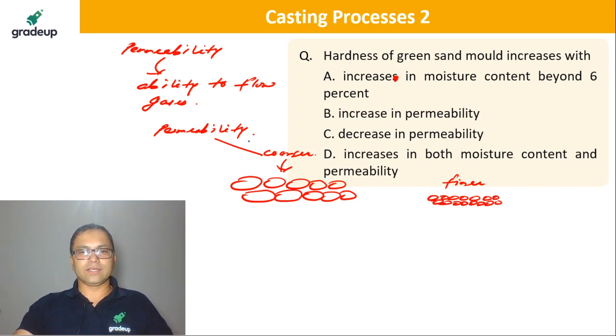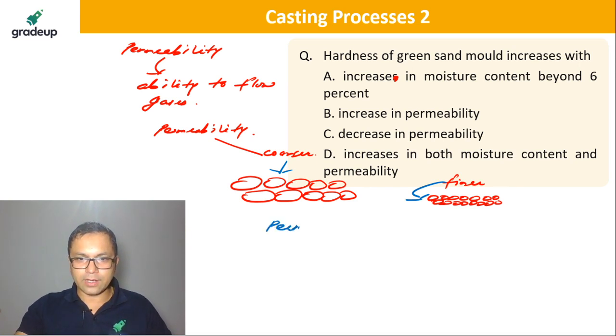So what I'm asking is, this is a coarser grain and these are the finer grain. What do you think happens to permeability for coarser? All right, so which one is having more permeability? Coarser will have more permeability because it has more gaps here, right?